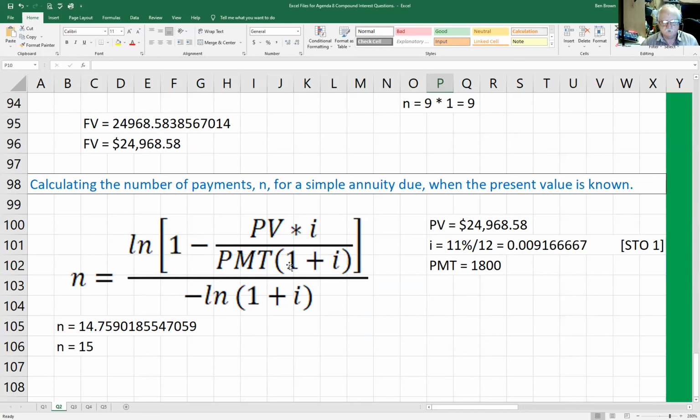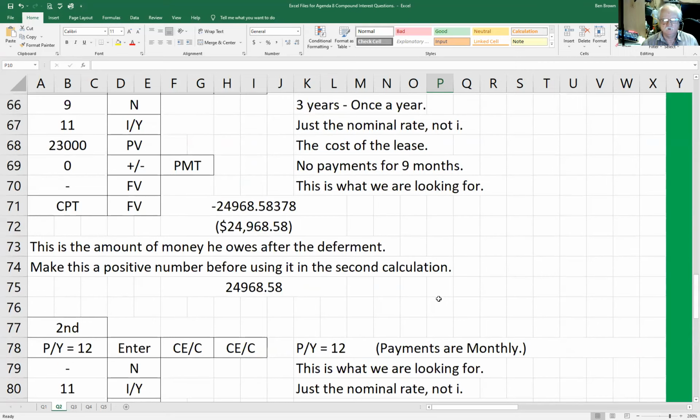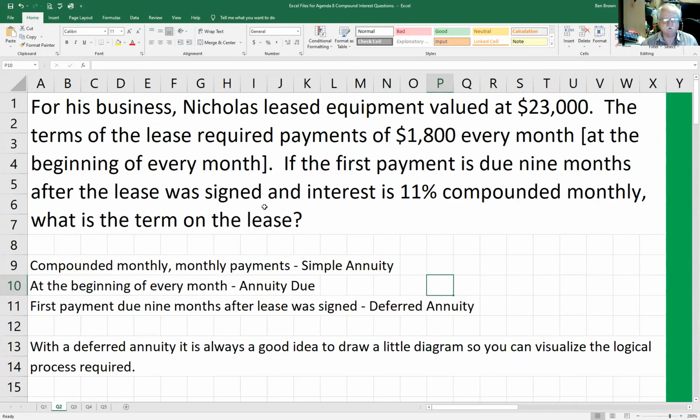This 1 plus I term in here is the only difference between the ordinary annuity calculation and the annuity due, it's this extra period of interest in here. And you should end up getting exactly the same answers all three ways. So let's take a look at the next one, see what they've done.